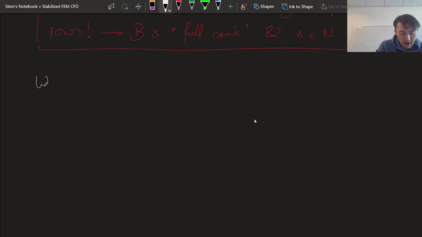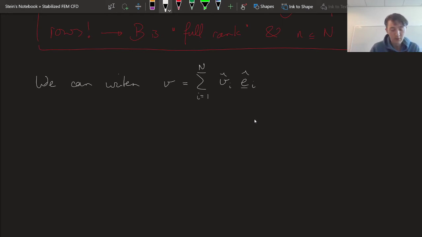So we can always write any solution V, which is a vector in R big N, as the sum of big N coefficients times basis functions, if this basis is linearly independent. Linearly independent basis functions.